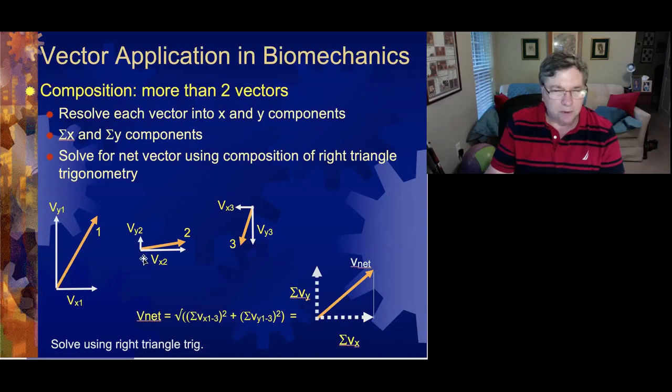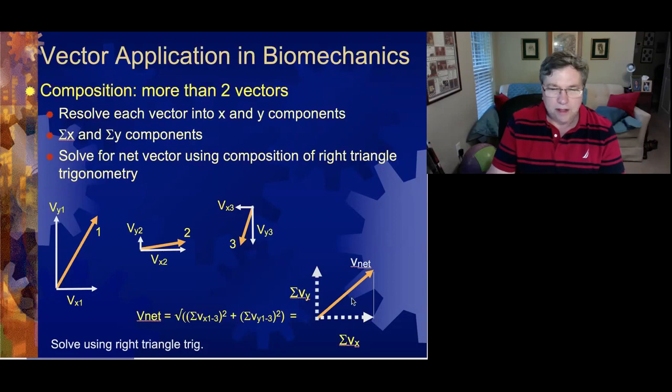So you do that for vector 1, for vector 2, vector 3 is pointing down, so you've got the Y component down, the X component back. Then what you're going to do is add all 3 vertical components together, the Y components, and all 3 X components together.